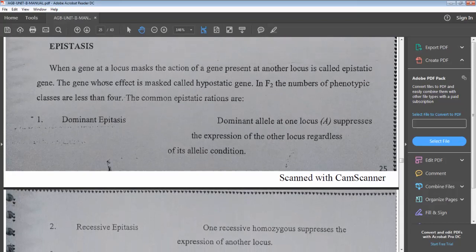In the case of non-epistatic interaction, we had seen that the ratio is 9:3:3:1. That is, we will get the 4 classes. But in the case of epistatic interactions, these 4 classes will merge in some way, then we will get 3 or 2 classes.